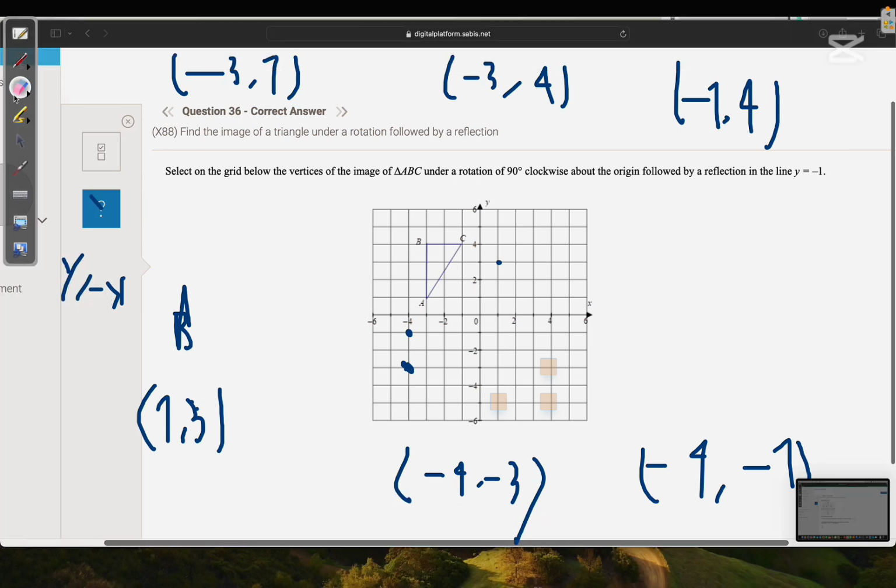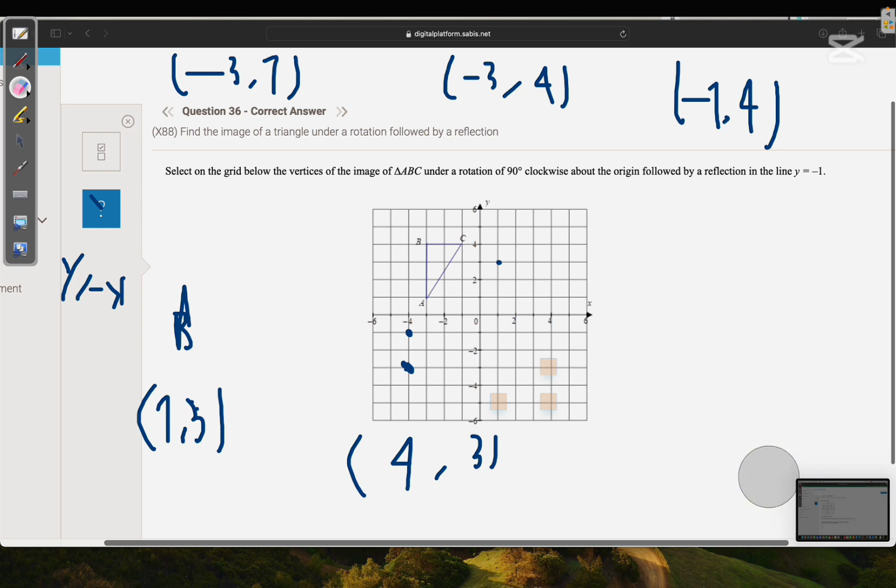Turns out I did something wrong with B and C, so instead of it being (-4, -3), it is (4, 3). And here it is going to be (4, 1).